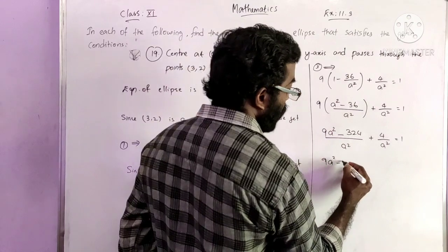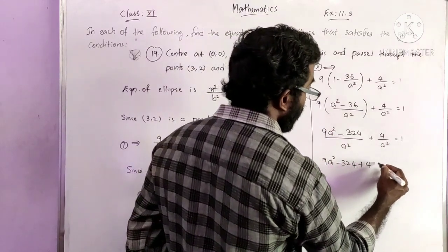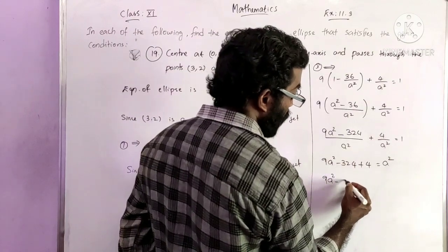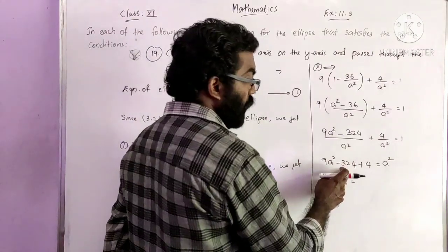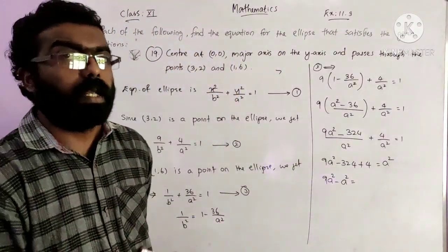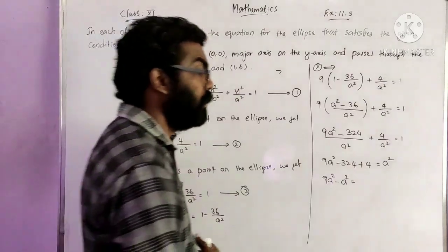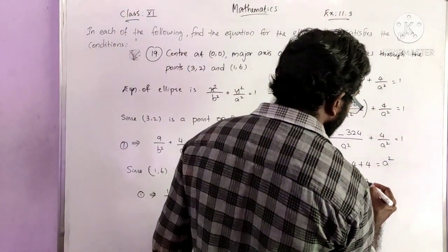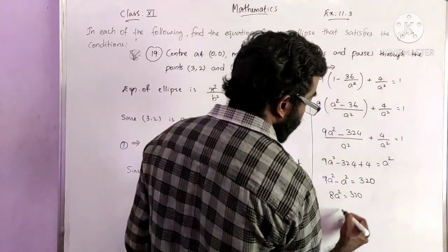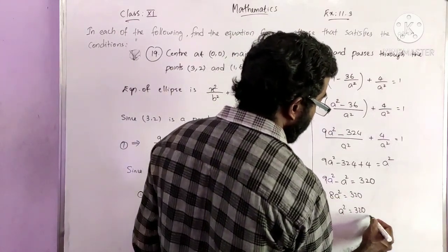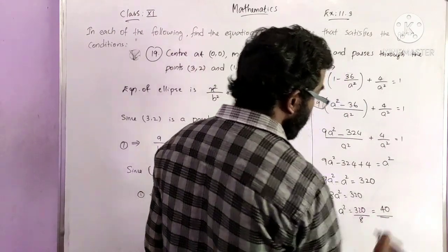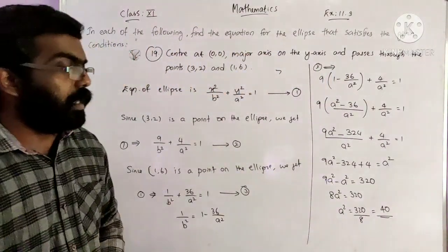So 9a square minus 324 plus 4 equal to a square. Or we can write 9a square minus a square is equal to minus 324 plus 4, that is minus 320. We can take that term to the right side. So 8a square is equal to 320, and a square is equal to 320 divided by 8, which gives 40. That means the value of a square is 40.